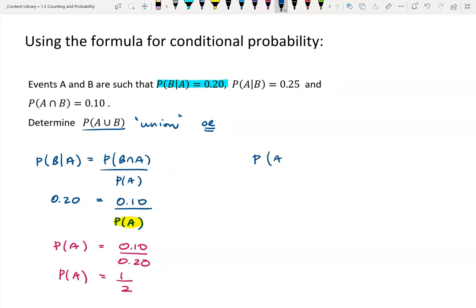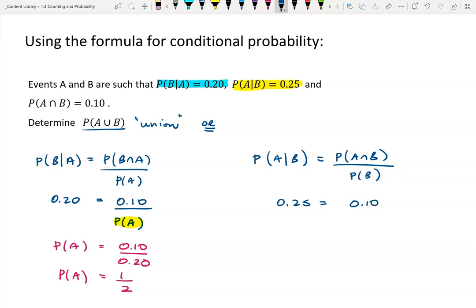So, your turn. Pause the video and see if you can work out how we could use the probability of A and B, the second conditional probability, to work out the total probability of event B. Okay, so filling this out, the probability of A given B is the probability of A and B over the probability of B. What we know from these is that the probability of A given B is 0.25.